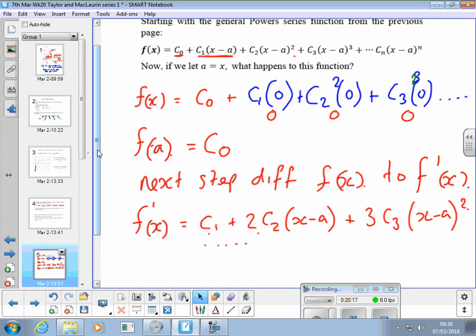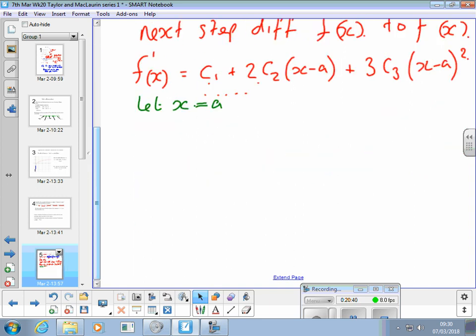Then what we do is we let x equal a again. What does that do? It makes c1, therefore, c1 is equal to f dash a, and I'm going to put it over 1 shortly.